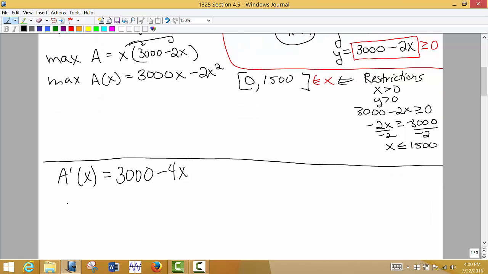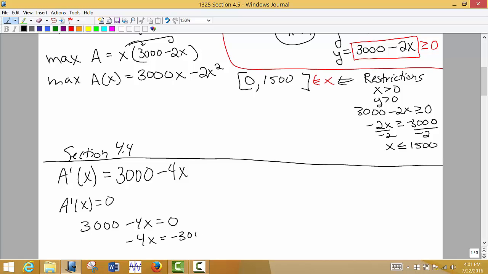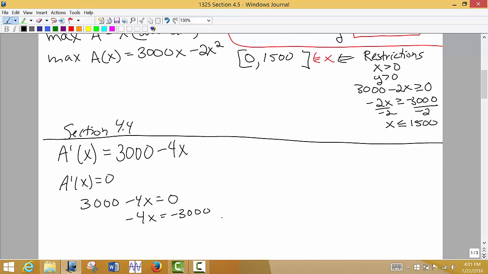We want to figure out what makes the first derivative equal 0, exactly like what we did in section 4.4. So we take our derivative, 3000 minus 4x, and set that equal to 0. I'm going to subtract over my 3000 and divide both sides by -4. So I get x is equal to positive 750.